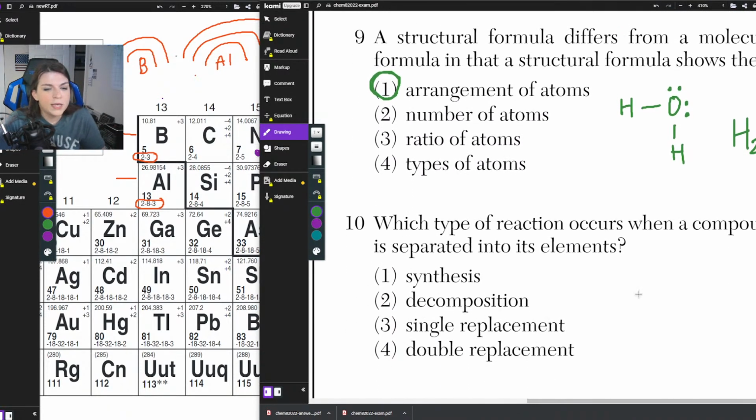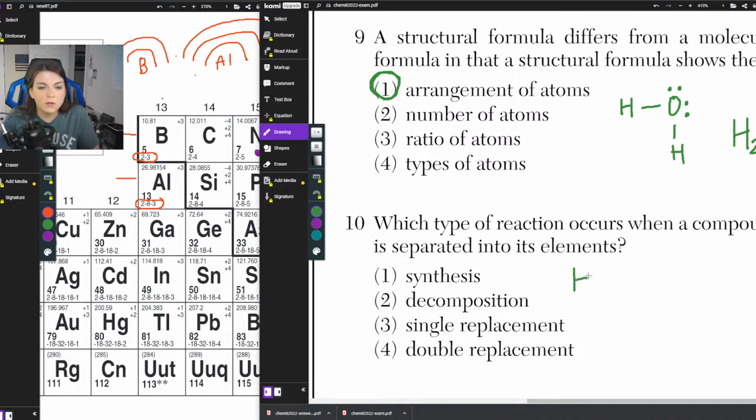Okay, moving on. Which type of reaction occurs when a compound is separated into its elements? Okay. Based on these answer choices, there's one answer, but there could be a second answer. Okay. Let's do this.